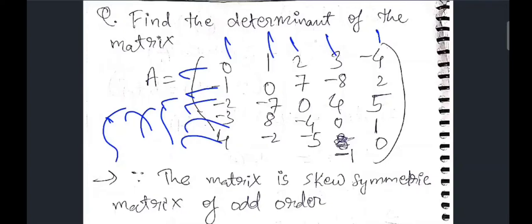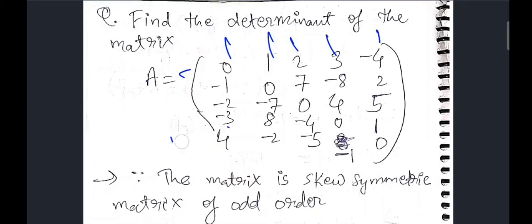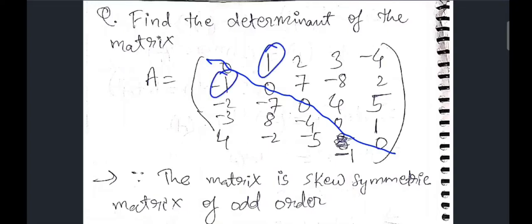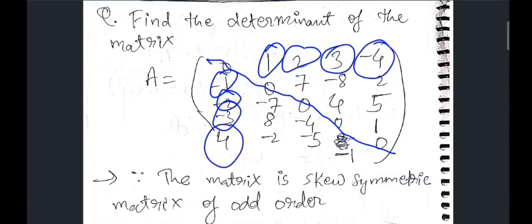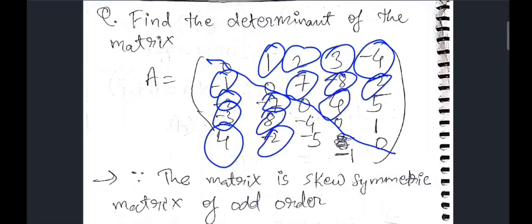Why is it skew symmetric? Because elements on the opposite sides of the principal diagonal have opposite signs. This is your principal diagonal, and this element equals minus of this element, and likewise for each of the other pairs.